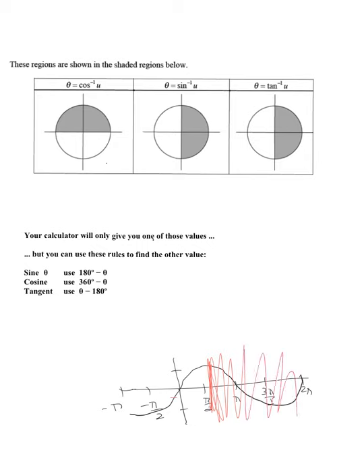But if I eliminate everything here, and I eliminate everything here, notice that what I'm left with is just this piece in here between negative pi over 2 and pi over 2, and that piece is actually one-to-one. Therefore, looking back up here at my circles, the inverse sine function is going to only exist when I'm dealing with values between negative pi over 2 and pi over 2.